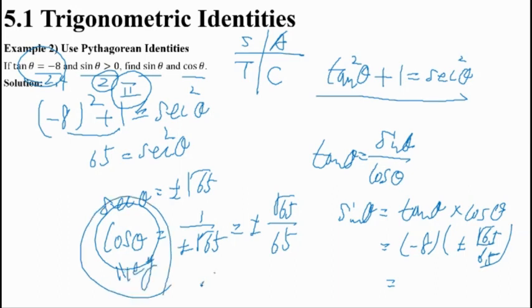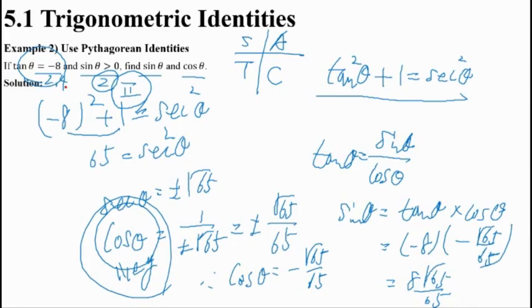So the answer will be cosine theta is negative square root 65 over 65, so this one is supposed to be negative. Let me change it. So here negative times negative makes positive, so 8 square root 65 over 65. Okay, I think it's done.